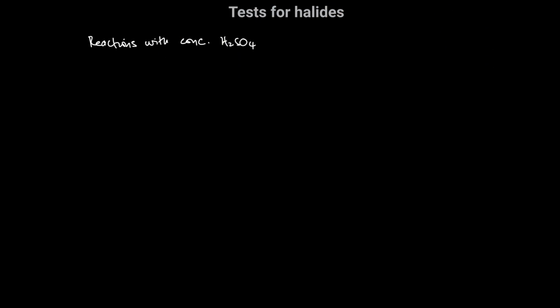So now we're going to look at the reaction of iodide with concentrated sulfuric acid. Let's say, for example, we had potassium iodide and we reacted it with sulfuric acid. Again, we get an acid-base reaction in which sulfuric acid is behaving as an acid, a proton donor.